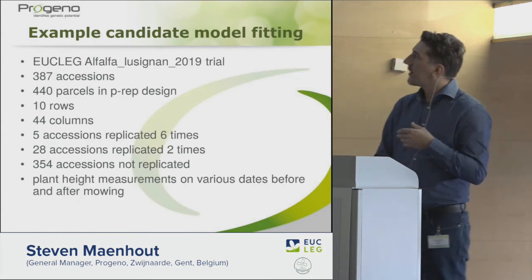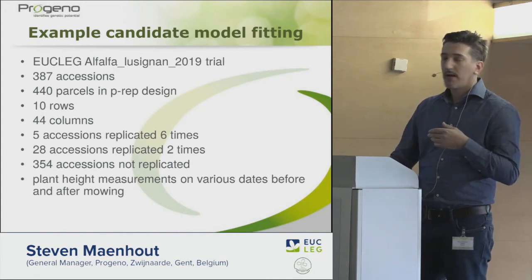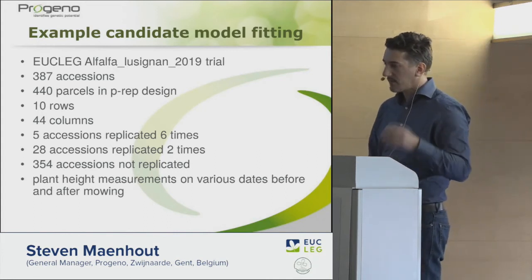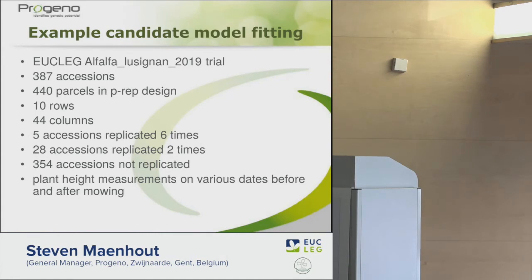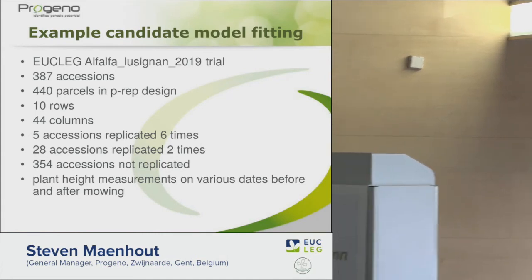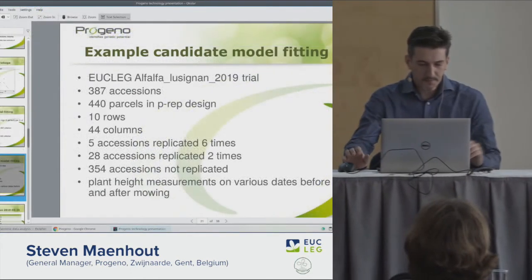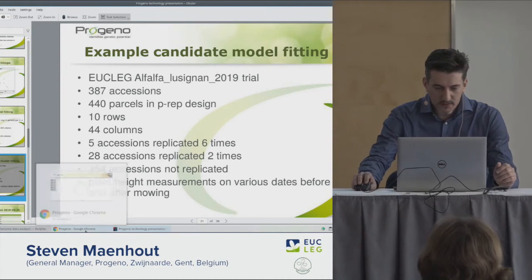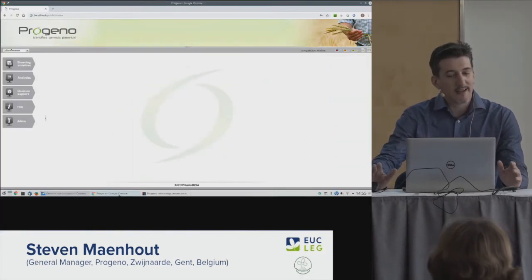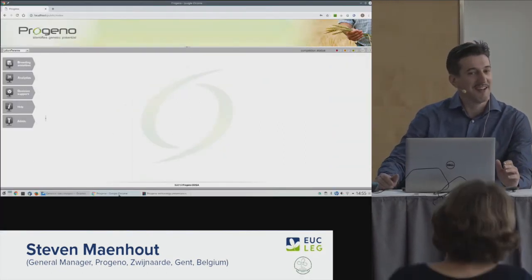But I'm going to show you directly an alfalfa trial from Bernadette. I've already shown some results during the actual UCLAG meeting. So instead of showing it on slide, this is actually how Progeno looks, to give you an idea.